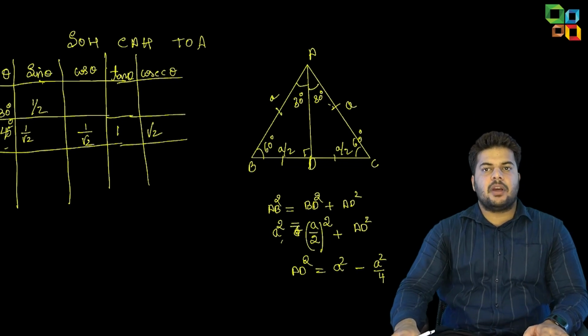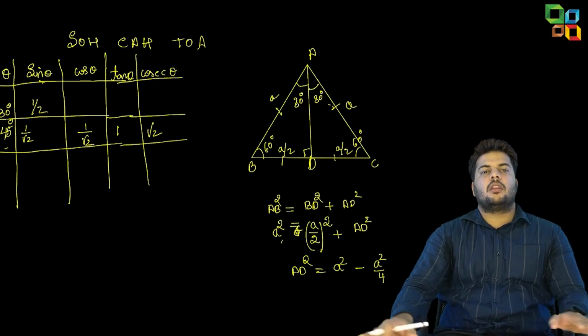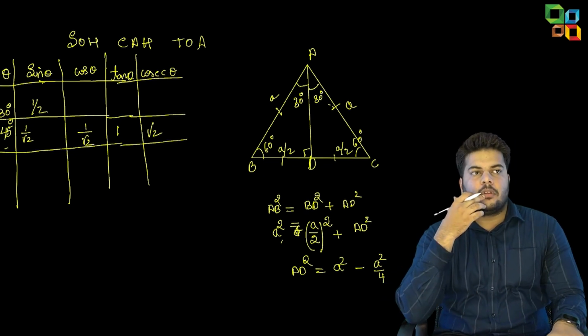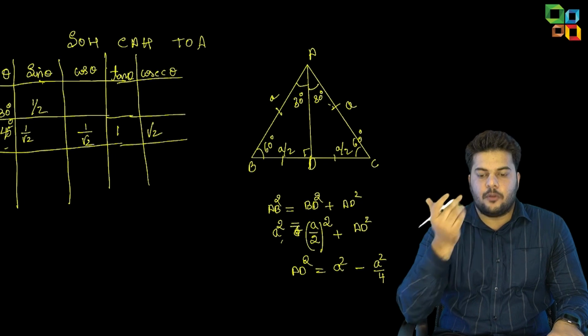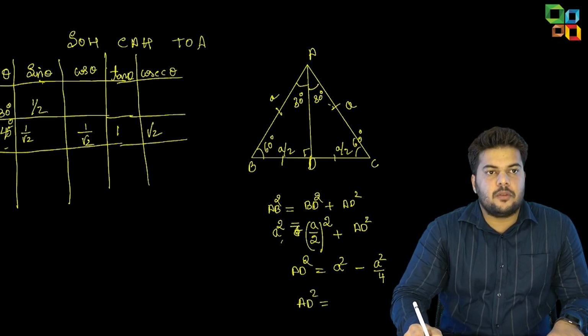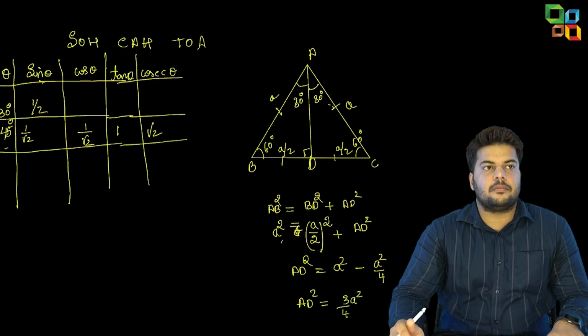What is A square minus 1/4 of A square? 3/4 of A square. So AD square is 3/4 of A square.